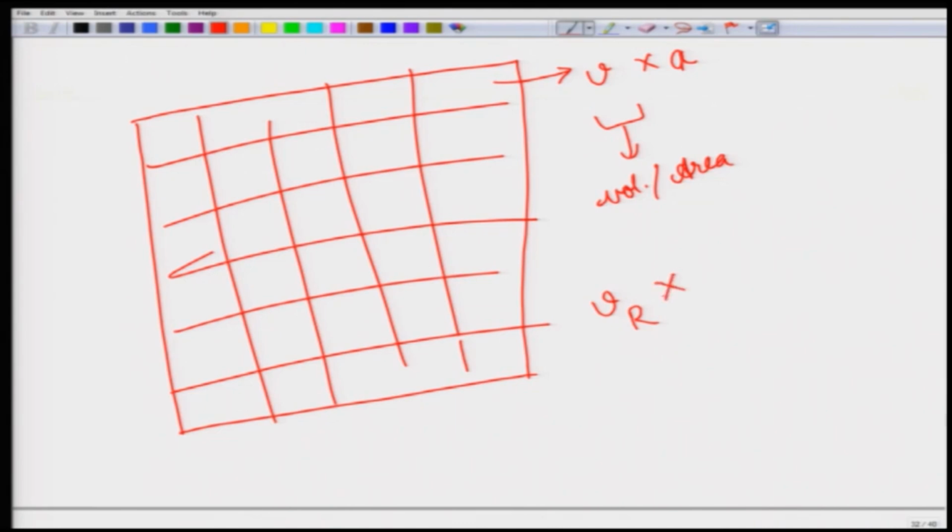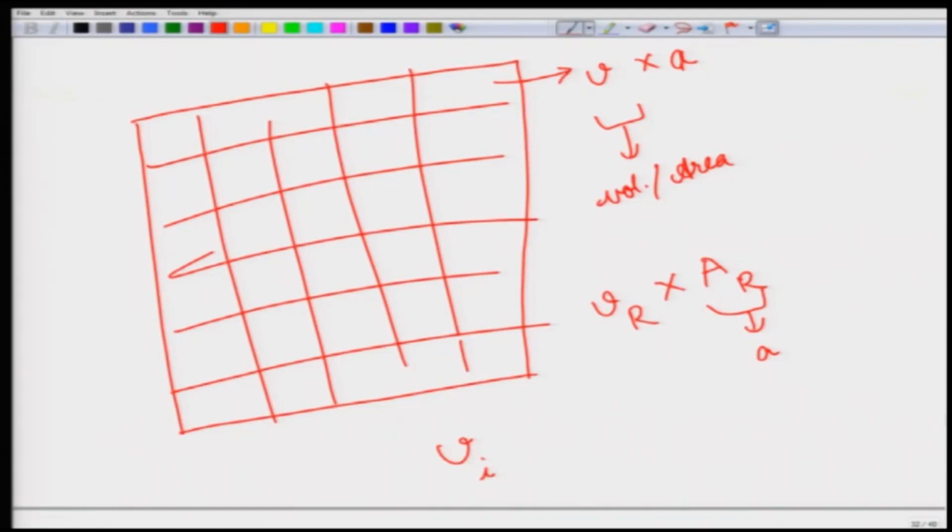The total volume of timber in that coupe will be given by v_r into a_r, where a_r is your small a, or the area of that particular coupe. If you look at this forest, there will be one particular section where the volume v_i is equal to 0, because it is a very young section. You have just harvested this section, and so there are no plants, or the total volume is roughly equal to 0.